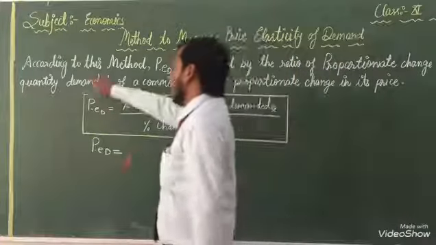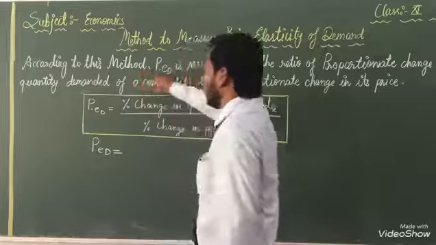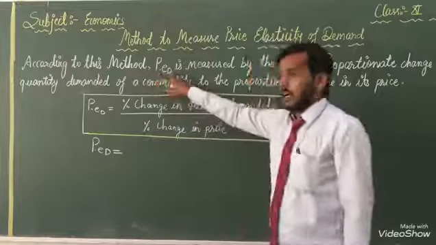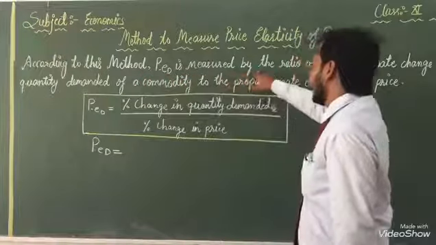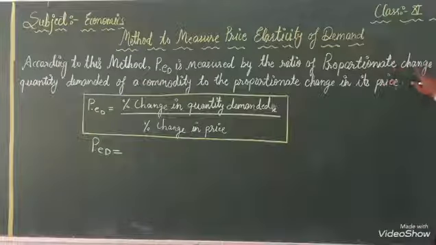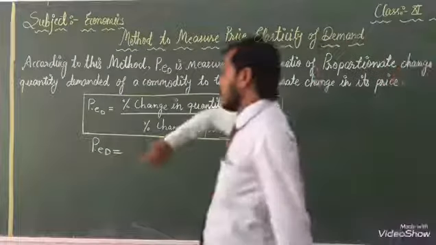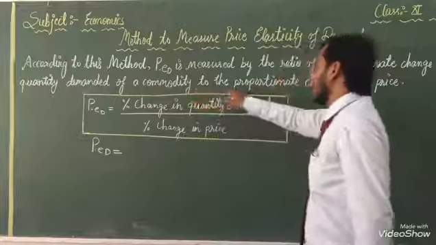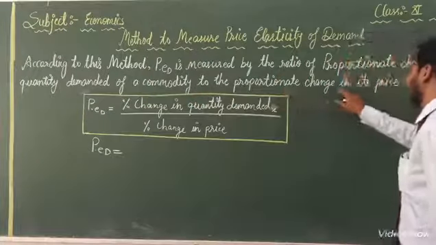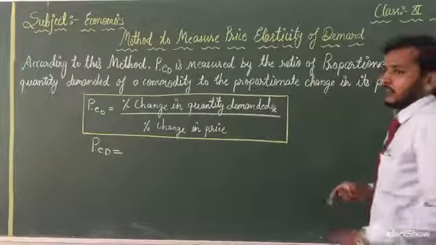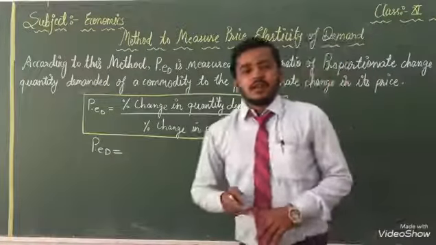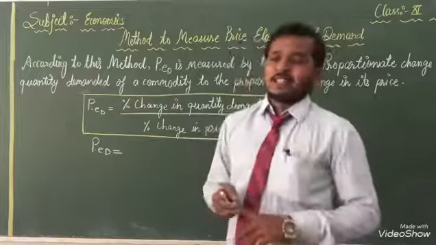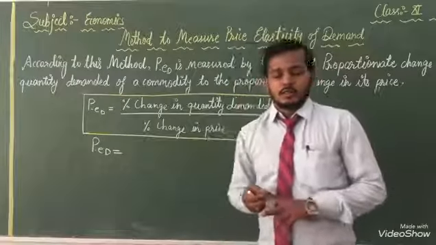According to this method, price elasticity of demand is measured by the ratio of the percentage change in quantity demanded of a commodity to the percentage change in its price. Before this lecture, I had told you everything and the formula also.